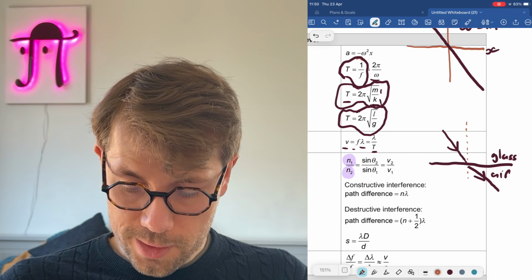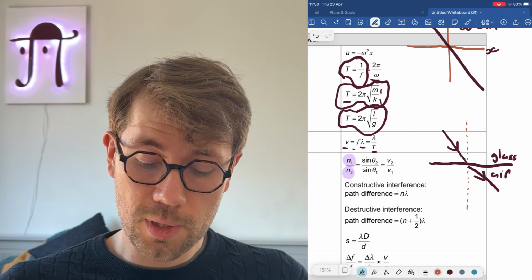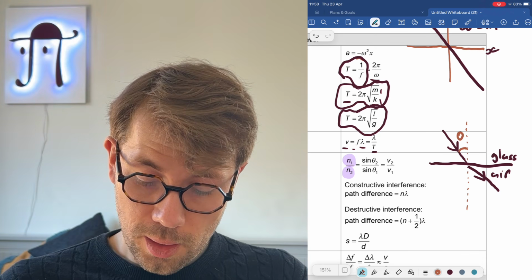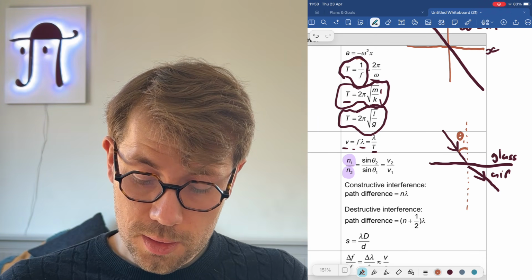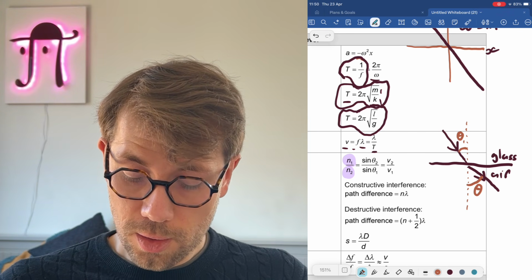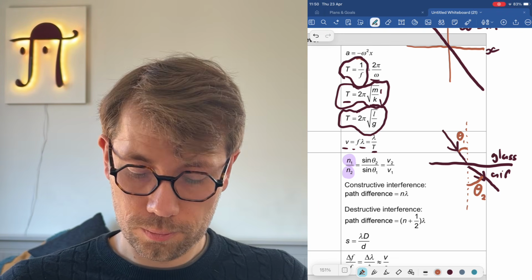I am adding some lines here called the normal. The normal is always at 90 degrees to the surface, and we need the normal because we measure our angle of incidence, or θ1, from it, and our angle of refraction of θ2 from the normal to the ray.